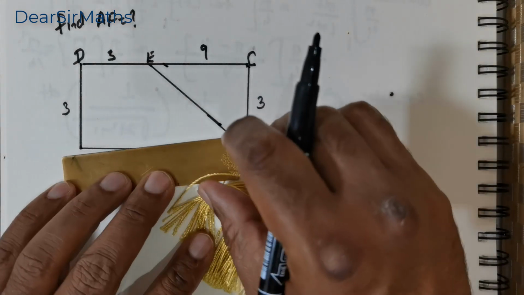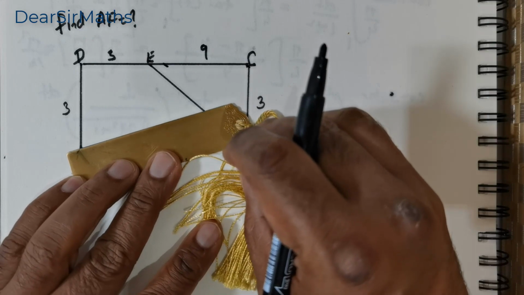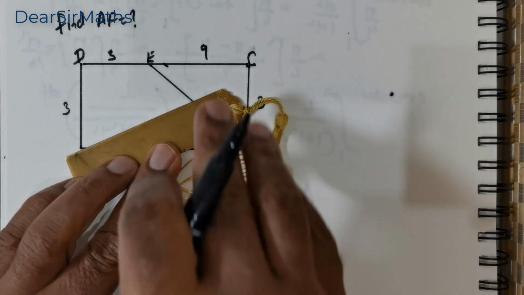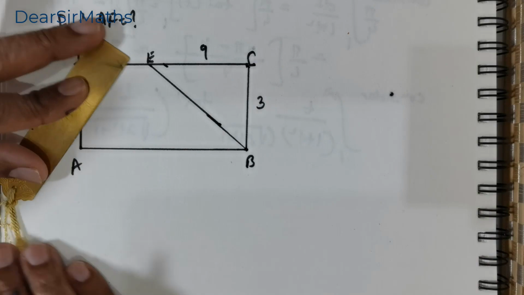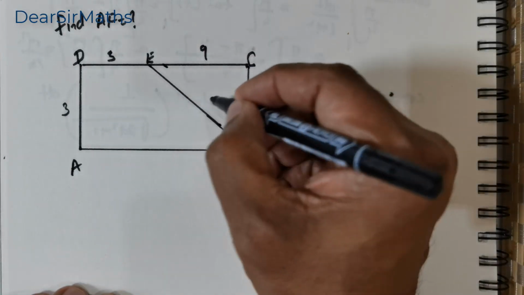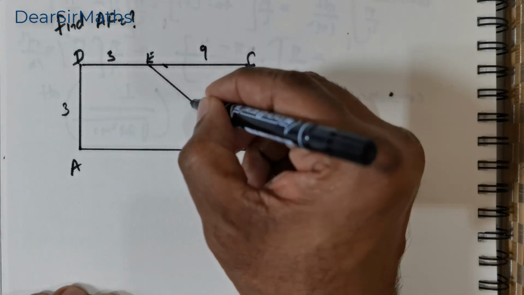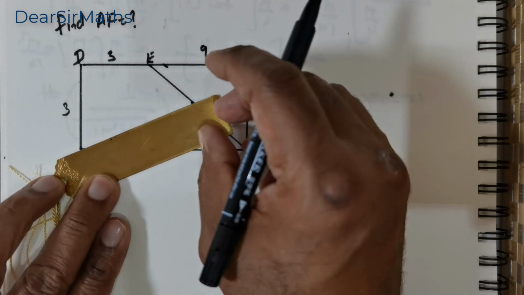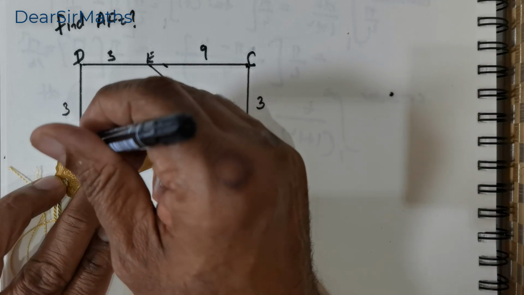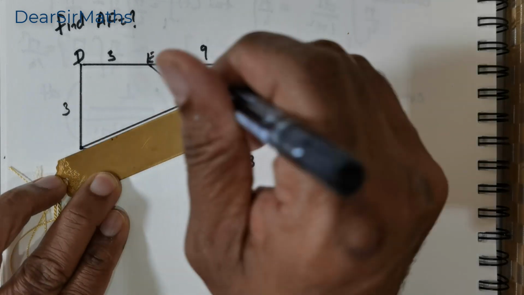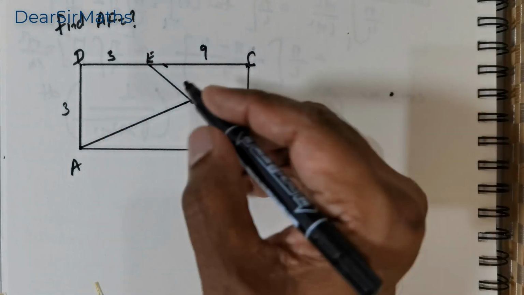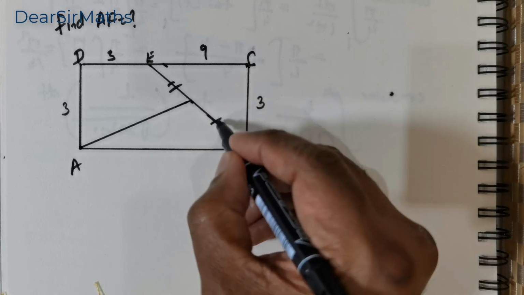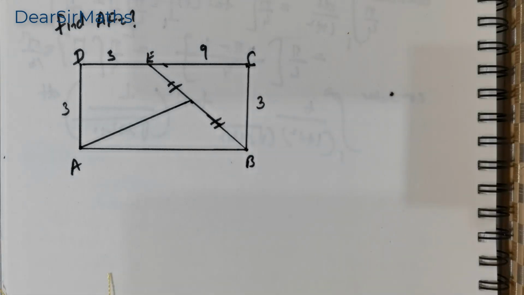Now from A there is a line that hits, and this line is dividing this line segment into two parts. So this is the figure, and this distance and this distance are the same.